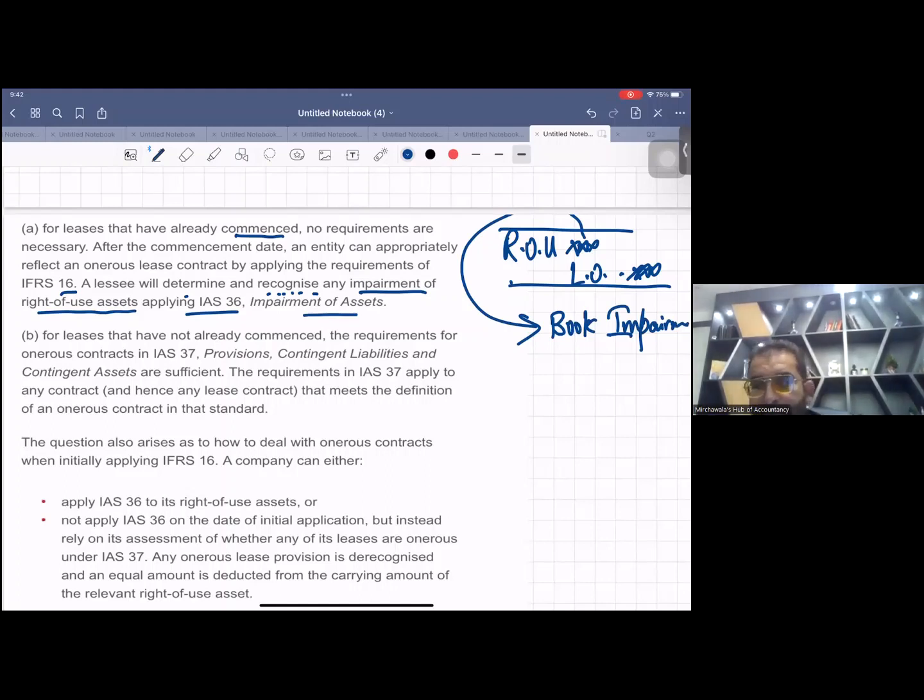This is point number A. What is point number A? If the lease has commenced, the lease has started, and you have already made the entry ROU debit and lease obligation credit, then you just have to do impairment accounting.